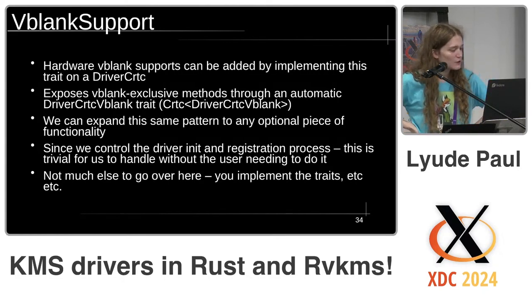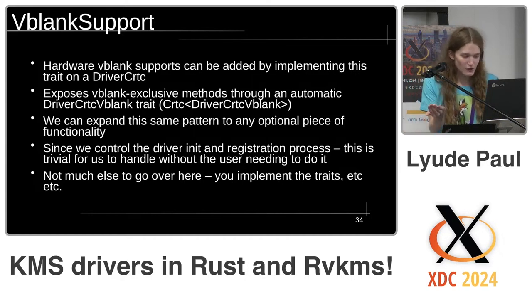And we can expand this same pattern to any optional piece of functionality. And since we already control the driver initialization and registration process, it's pretty trivial for us to handle without the user having to do it themselves. So, of course, not much to go over here. You implement the traits, you get the support, and so forth.